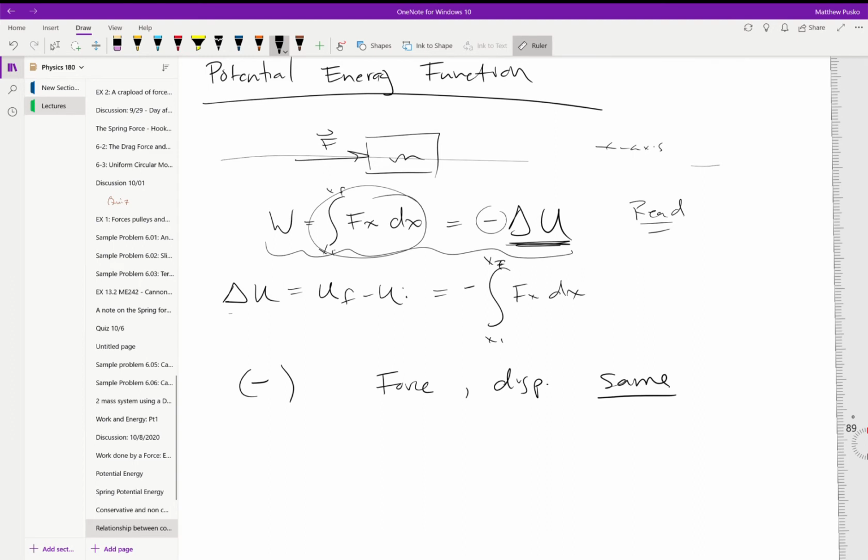An example of this would be an object being lowered in a gravitational field. Or maybe a spring pushes an object toward equilibrium. Think about that one. A spring pushes an object toward equilibrium.